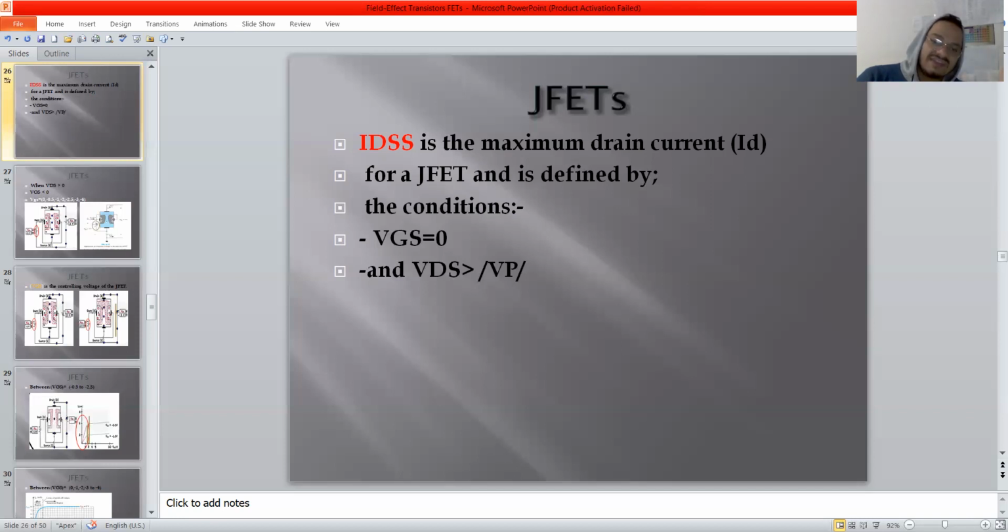What does that mean? That means the gate charge will be positive. The positive charge will attract the electrons to be near it to make the gate region bigger, because this region is bigger. Here it's smaller, connected using reverse bias; the gate channel is negative, so the gate region is smaller.